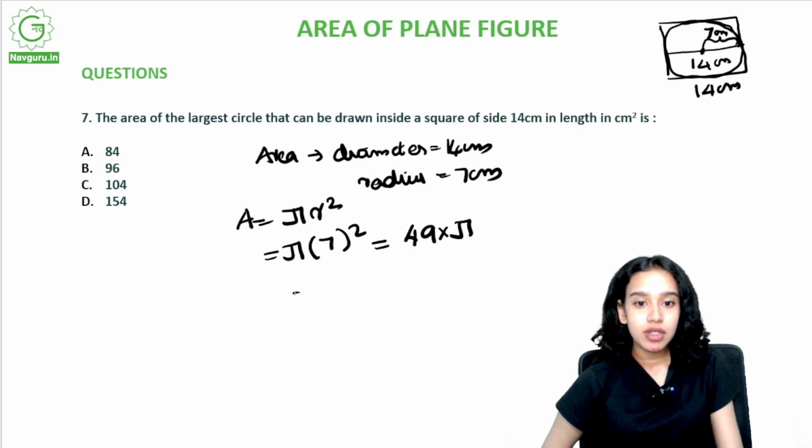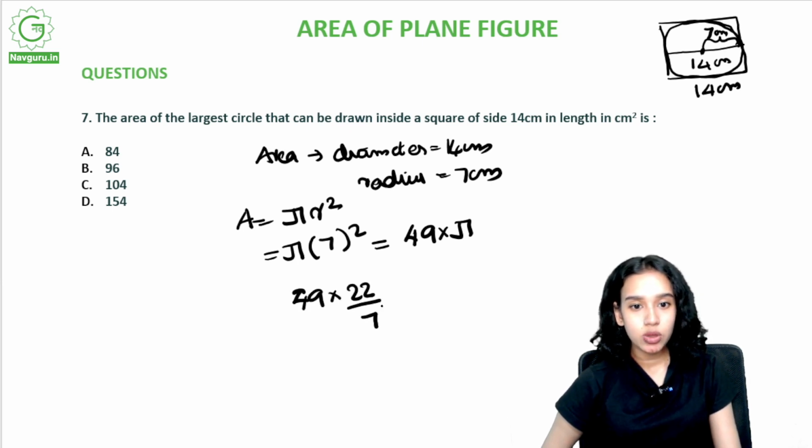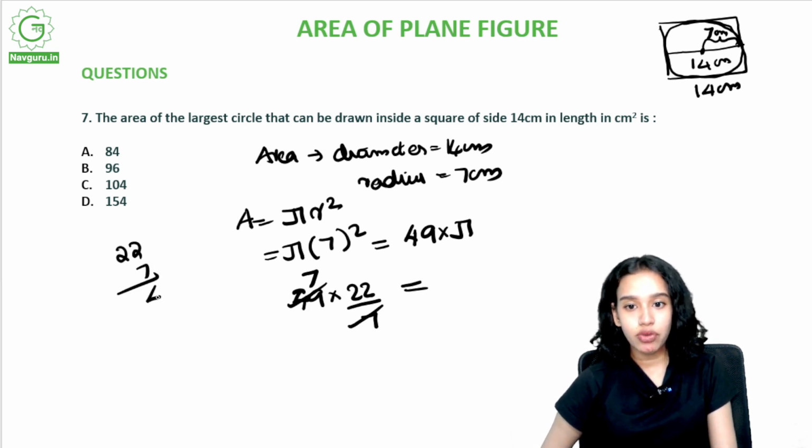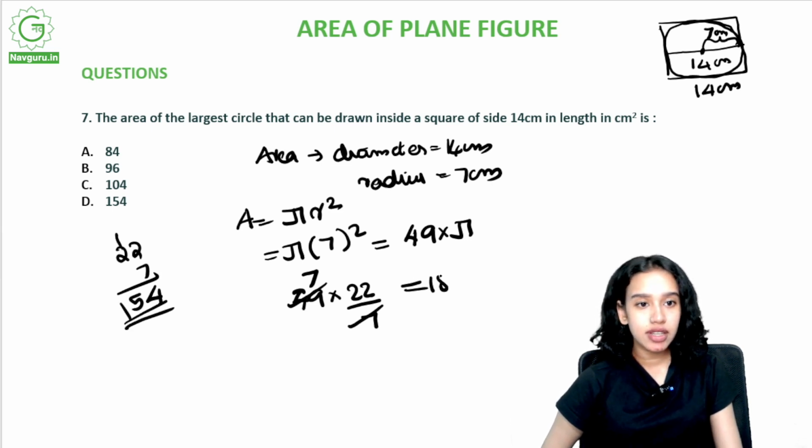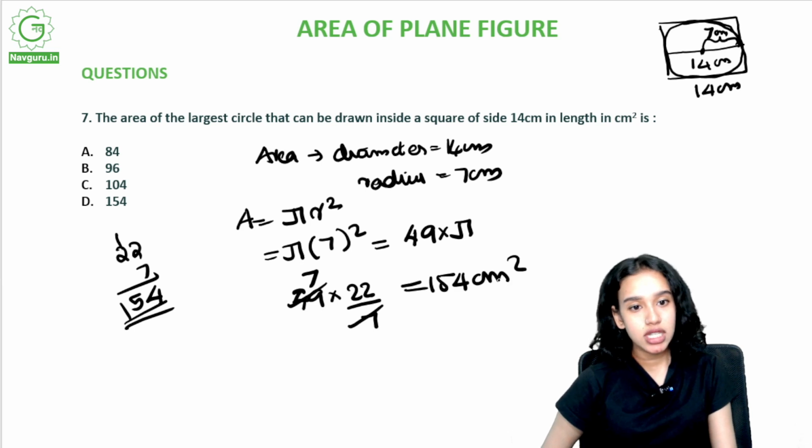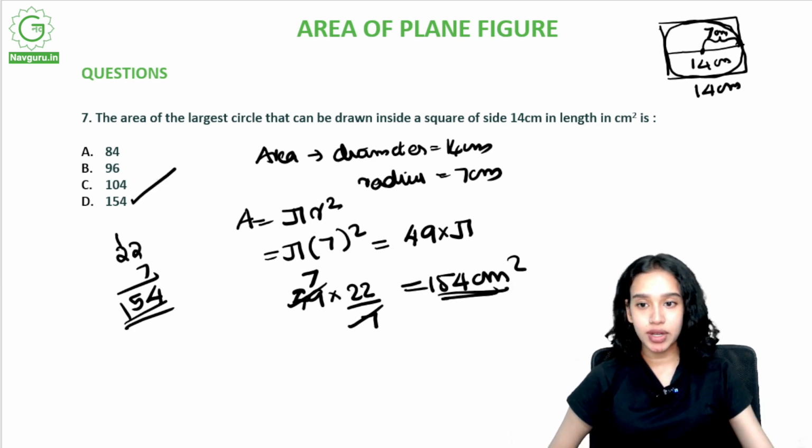What is pi? Pi could be written as 22 by 7. So we could cancel these out and we get 7 here. So what is 22 into 7? 7 2s are 14, 7 2s are 14 and 15. So the answer we get here is 154 centimeter square.